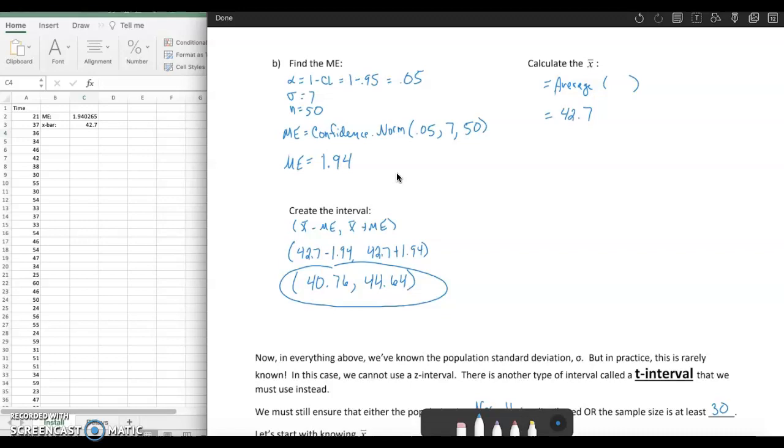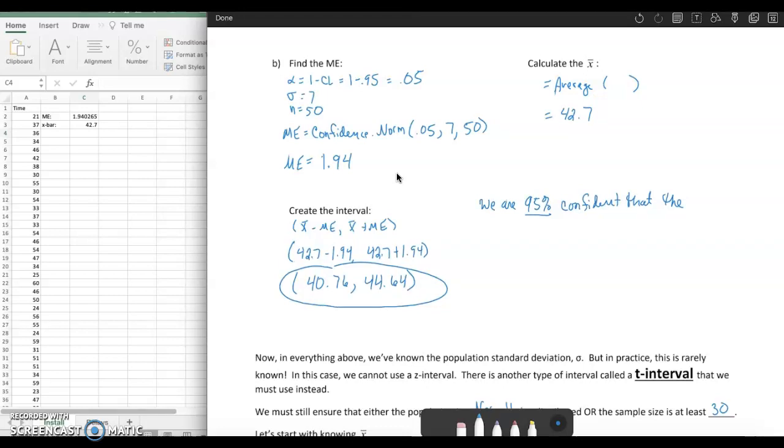And then the last thing we always want to include is a contextual explanation as to what this confidence interval tells us. So what this tells us is that we are 95% confident that, that's how these always start, filling in our confidence level. So we are 95% confident that, what are we talking about? What is this population parameter that we're estimating?